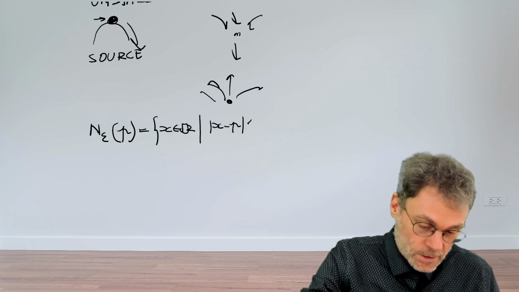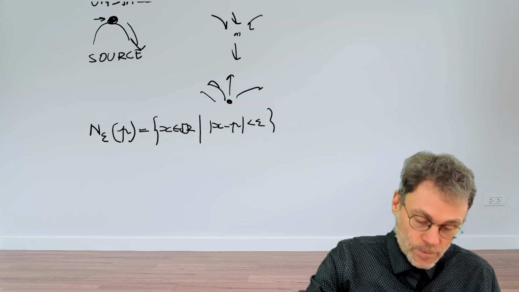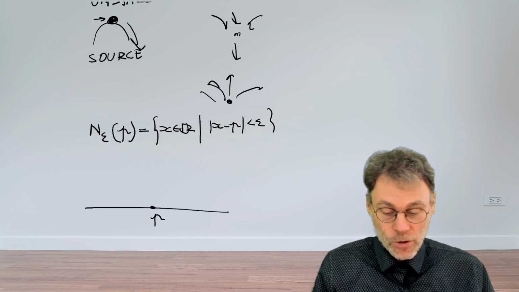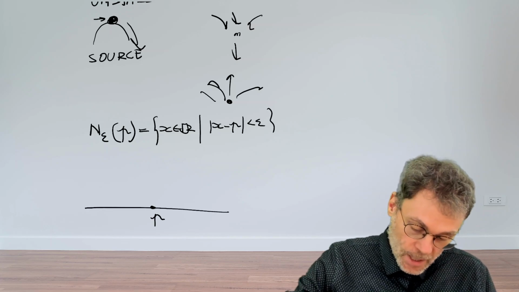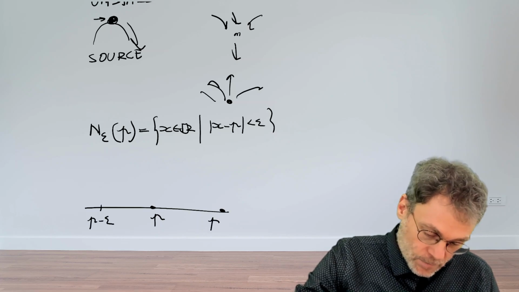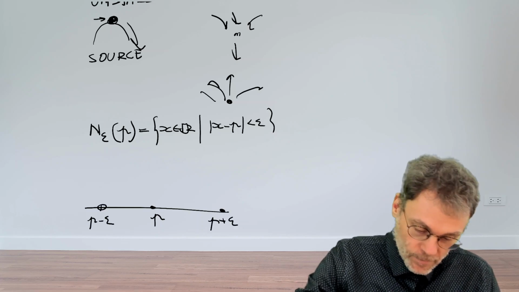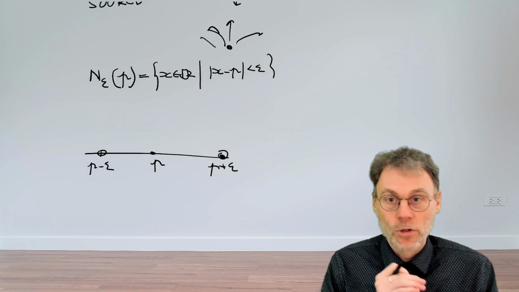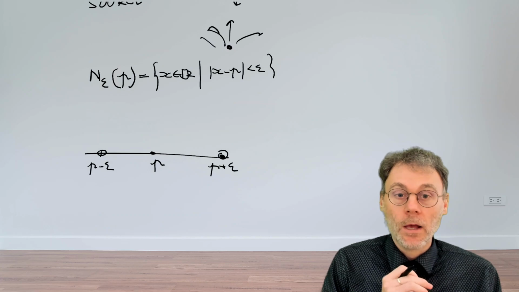So you can write this as follows. If you have a fixed point P, the epsilon neighborhood of that fixed point P is just the collection of points between P minus epsilon and P plus epsilon. Okay, so this is what we mean by an epsilon neighborhood of a fixed point.